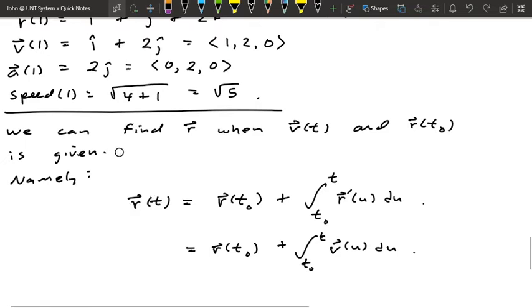So a little bit more complicated question was, you can find r if you know the acceleration of r together with some particular value of r and the velocity. Because then you can solve for r in two steps. First, you would solve for v using this formula. And then now that you know v, you can, in the second step, go back and find r using this formula again.